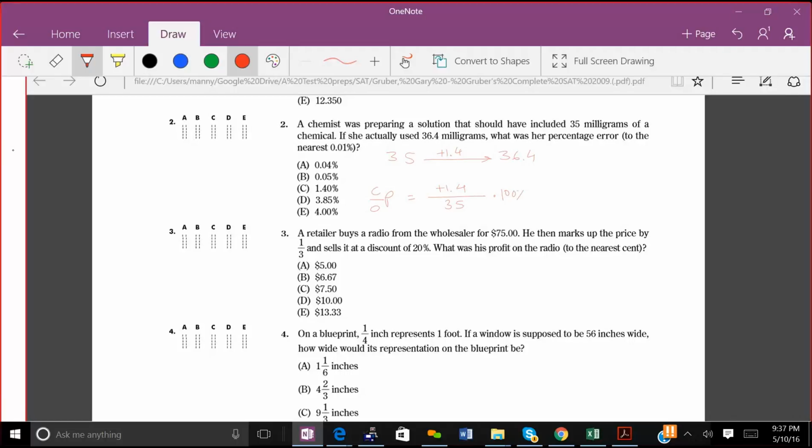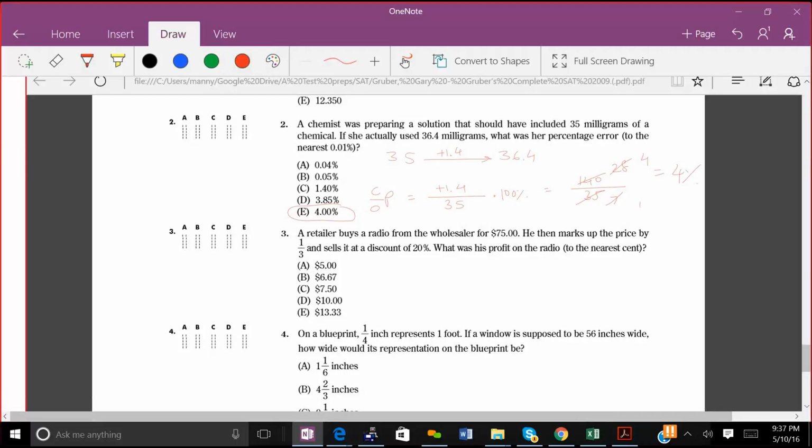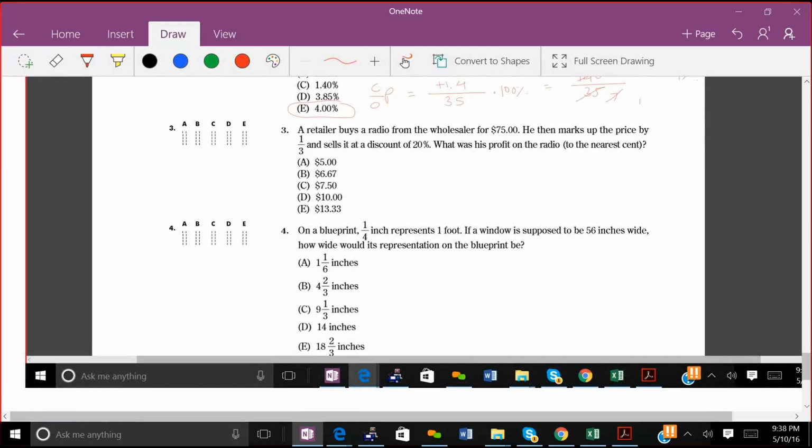When you do that, it turns out to be 140 divided by 35. If you divide by 5 and 5, you get 7 over 28. Divide again, that's 1 over 4, which is 4%. Make sense? So the answer should be E. You're sort of on the right track, you just didn't multiply by 100. Okay, try number 3.